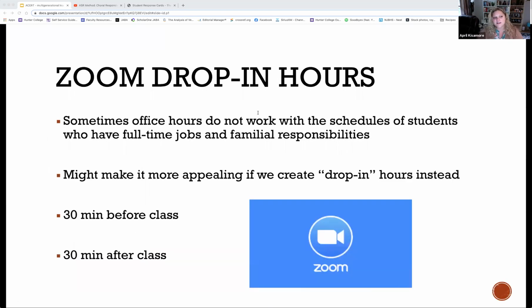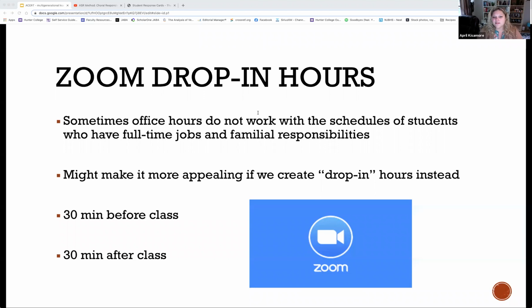And then here's another technique that we've been testing out. I know Lauren started this a couple of semesters ago, but what we found oftentimes, and you probably see the same, is that students don't often attend office hours, particularly when they're on the digital platform. Even though, you know, we tend to think that people are more accessible right now, it still seems to be challenging.